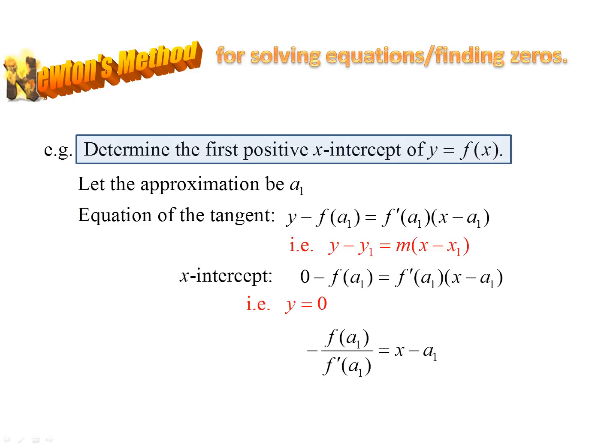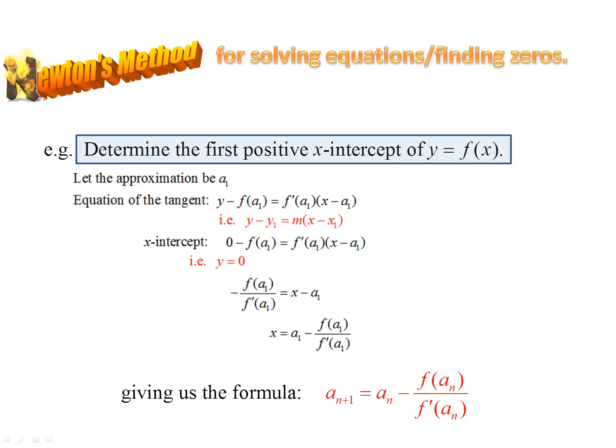Then I'm going to take a1 to the other side, but I'm going to flip the equation around the other way just to make it neater. So this says a1 minus the fraction equals x, so therefore x equals a1 minus the fraction. Keep in mind, f(a1) over f'(a1). That is the formula for Newton's method.